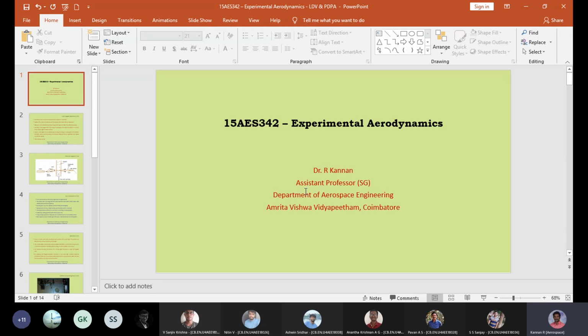The purpose of that is to convert your beam into a sheet. So this lens arrangement is what we call sheet optics. Then the laser sheet is passed to the region where we want to measure the fluid flow or thermal flow.